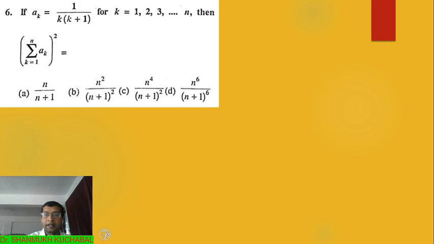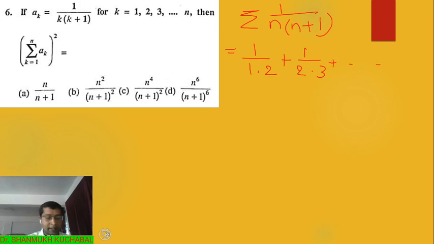So take n equal to 1, we get 1 into 2, next 2 into 3, and so on. Then this can be written as n divided by 1 plus n.